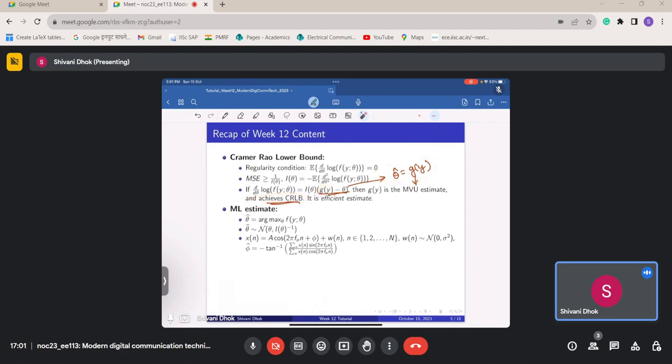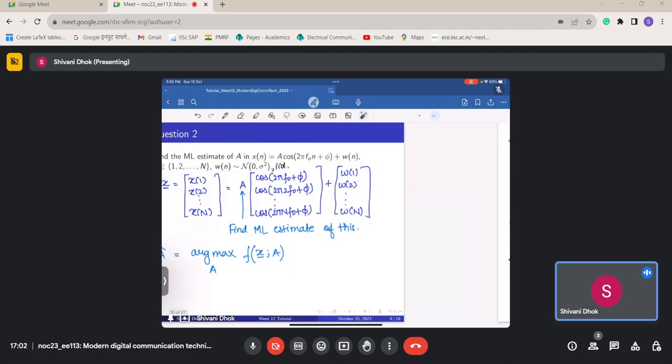The covariance achieves your CRLB, that is your MSE will be equal to 1 by I theta, and that's why it will be an efficient estimate. Okay, so if somehow we are able to write it in this form, then we are done. Then we are directly getting our MVU estimate.